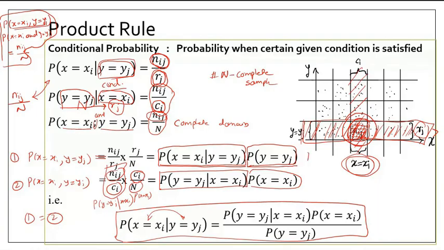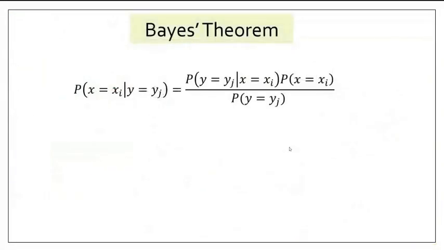So I am equating 1 to 2, keeping this term on the left-hand side, and the second term is divided, so that goes into the denominator. That's it. This is called Bayes rule. This is the very famous Bayes rule, which is probability x equal to xi given that y equal to yj.